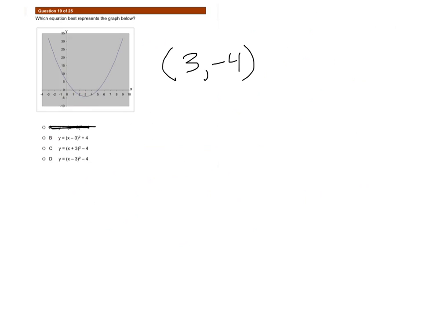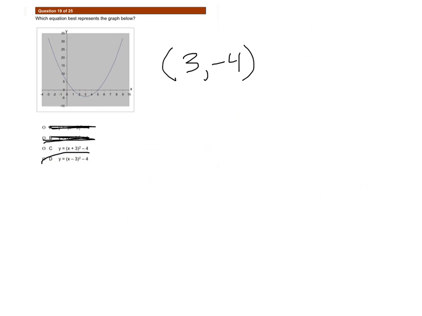Well, letter B has a positive 4, so we know that's incorrect. And now we have to decide, is the answer going to be C or D? It's easy to pick C because we have positive 3, but we have to remind ourselves that it's the opposite of what we see. If we plug 3 into the equation, then it should result in negative 3.